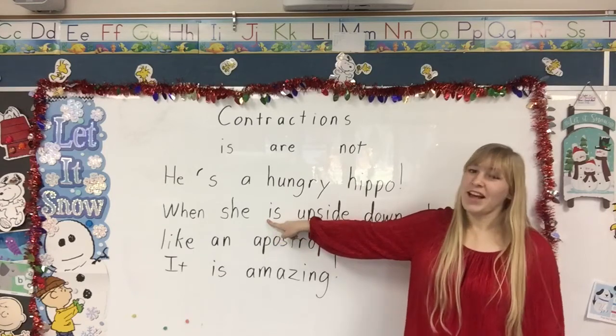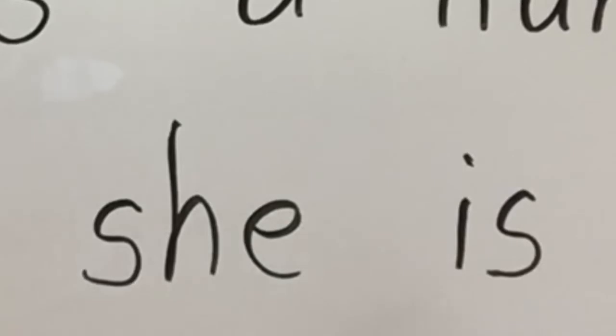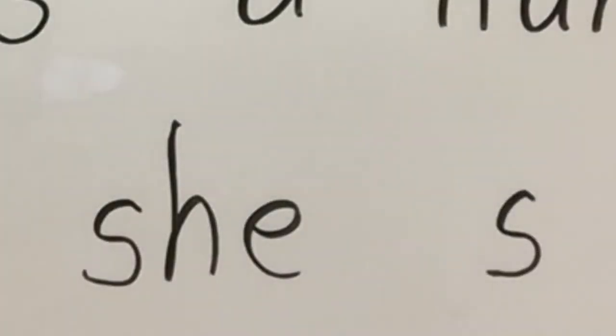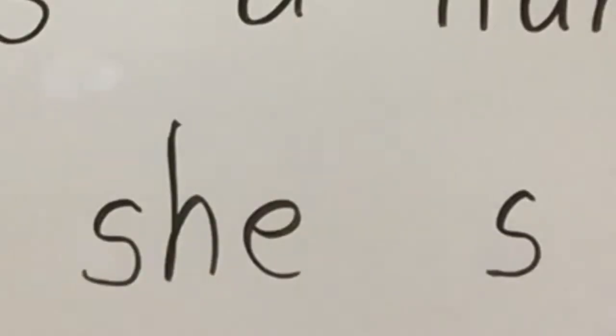Let's check out my hungry hippo who eats vowels. Hippo has eaten that I because that's our vowel. Now what do we need to replace it? Right, Icing, an apostrophe. When she's upside down, she looks like an apostrophe.